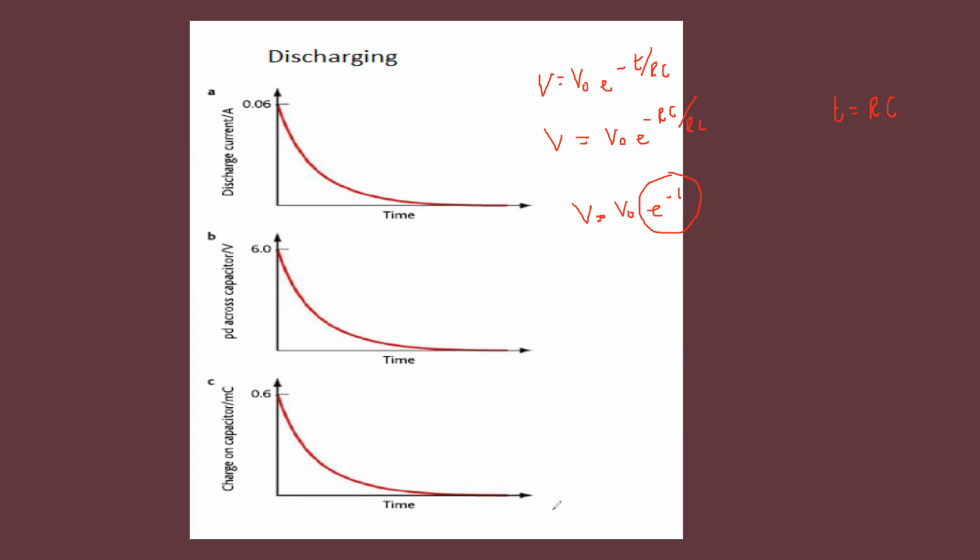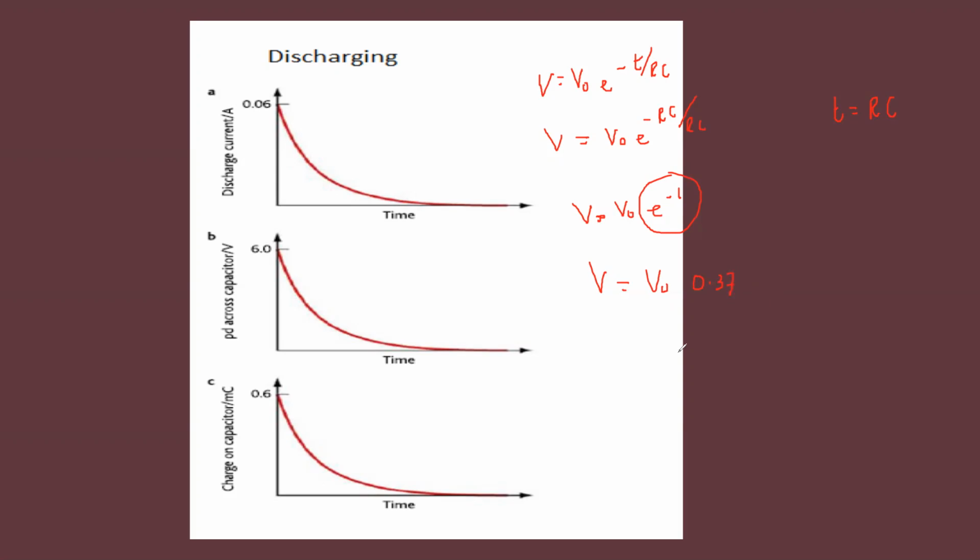E raised to power minus 1 is 0.367. So V is equal to V naught times 0.367, approximately 0.368, or I can say 0.37.